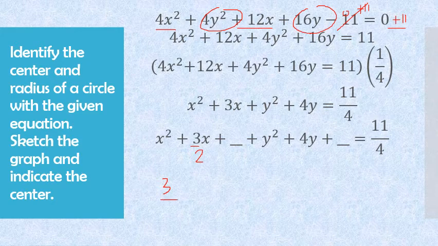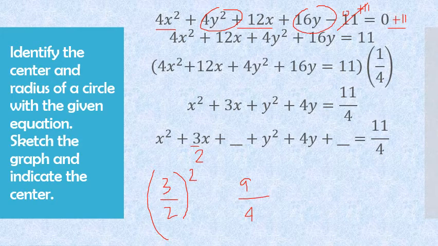Square of 3 halves, quantity natin yung buo kasi ito yung fraction na kailangan natin na i-square. So, pag nag-square tayo ng fraction, square the numerator and square the denominator. So, magkakaroon siya ng 9/4.